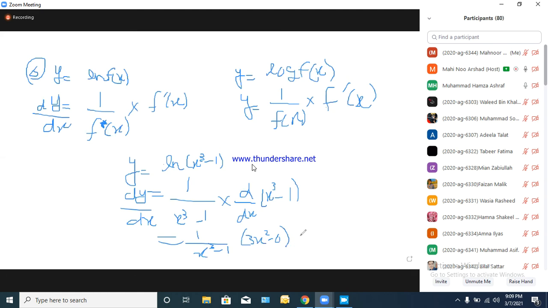And here will be 3x square divided by x cube minus 1. Is that clear, students? Yes, ma'am, clear. Students, I said off your microphones.